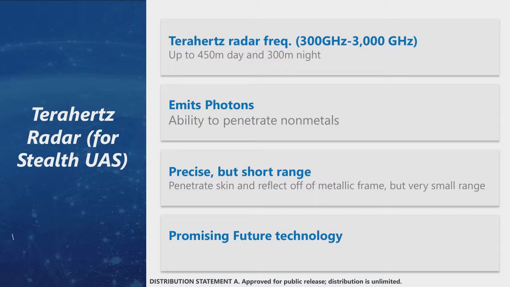And then this is just a type of potential system that might be out there: terahertz radar frequency, using 300 gigahertz up to 3000 gigahertz.